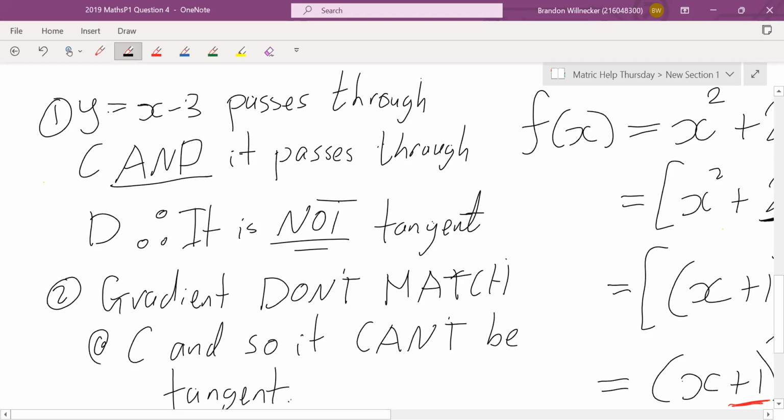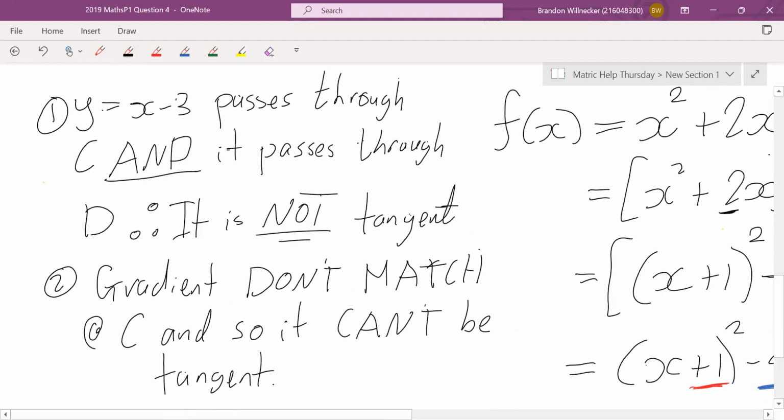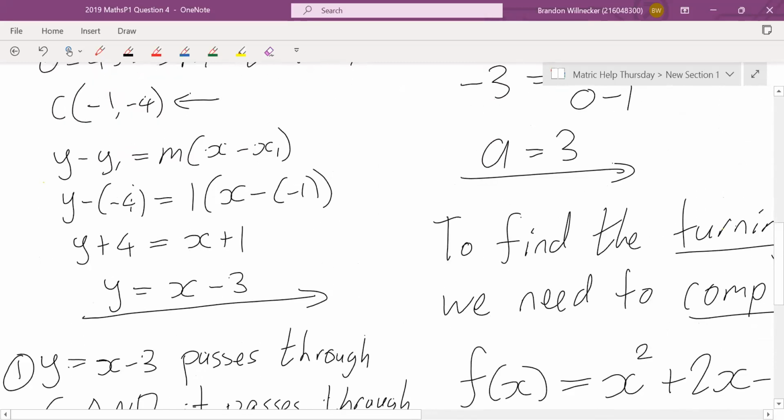Okay, so these are just 2 ways of explaining why it can't be tangent. I'm sure you can think of more. If you do have your own explanation, please post it in the chat, and then my colleague can look through that. But these are just 2 of the many ways that you can explain it. If you're unsure, please let me know.